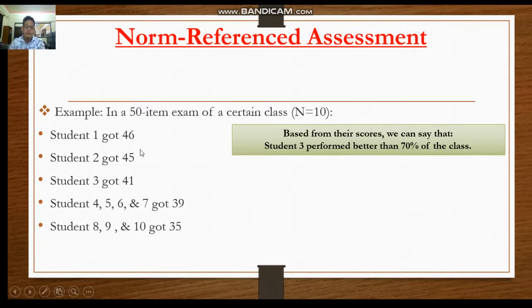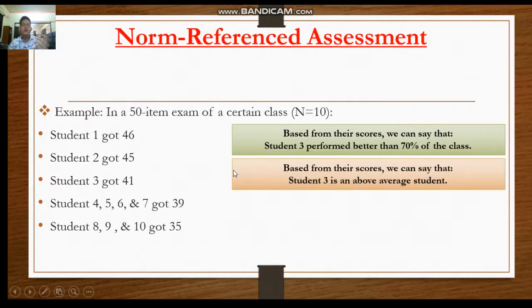We can also say that student 1 performed better than 90% of the class, because the score is higher than nine students out of the ten students in the class. Okay? And we can also conclude that student 3 is an above average student.